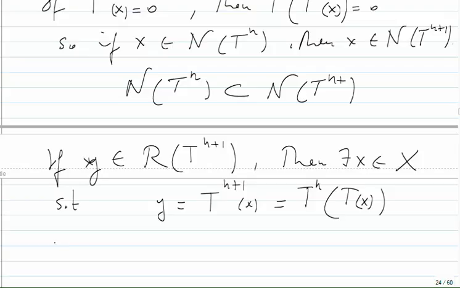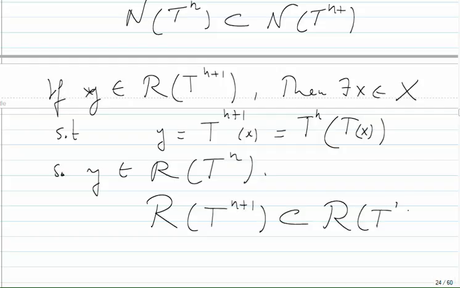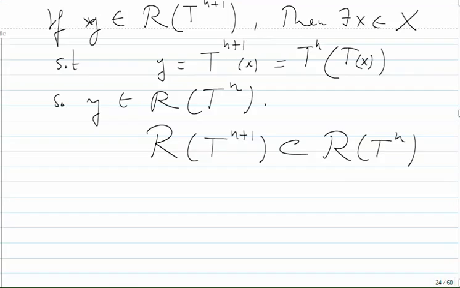In other words, Y belongs to R of T^n, which implies that R of T^(n+1) is included in the range of T^n. So the range, you start with the first one, which is the range of the identity map, the entire space X, and you start decreasing. So the null spaces are increasing, and the ranges are decreasing as the power grows. That was some of the results discovered by Riesz.